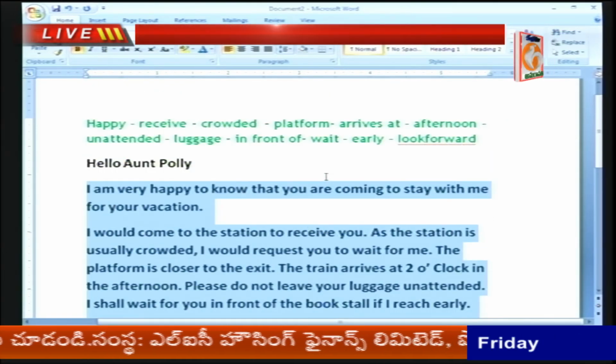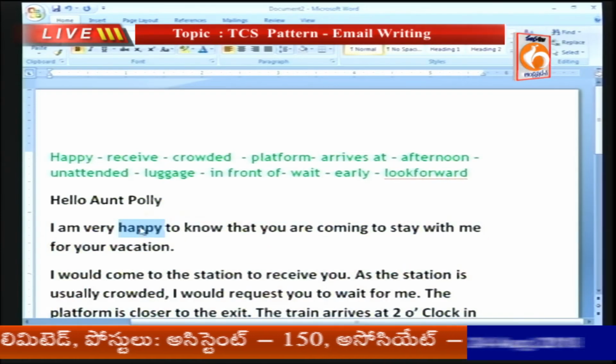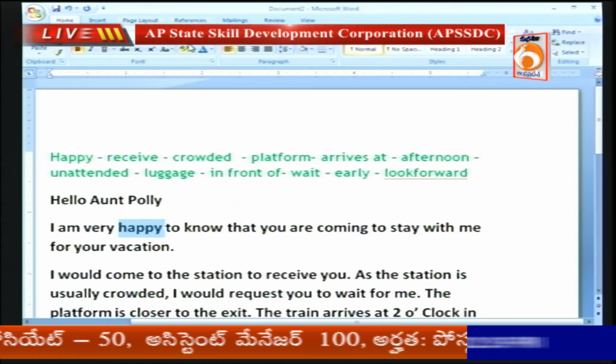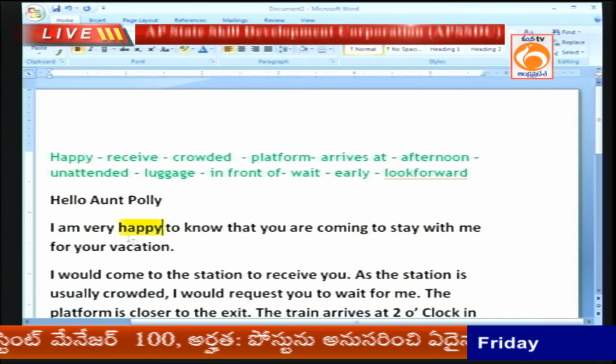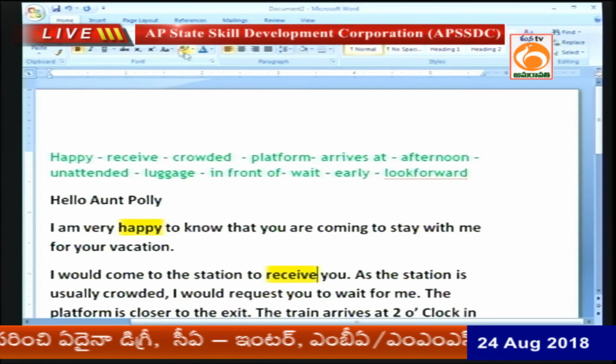Let me see if I have used all the keywords or not. Happy, receive, yes, I have used the word receive.